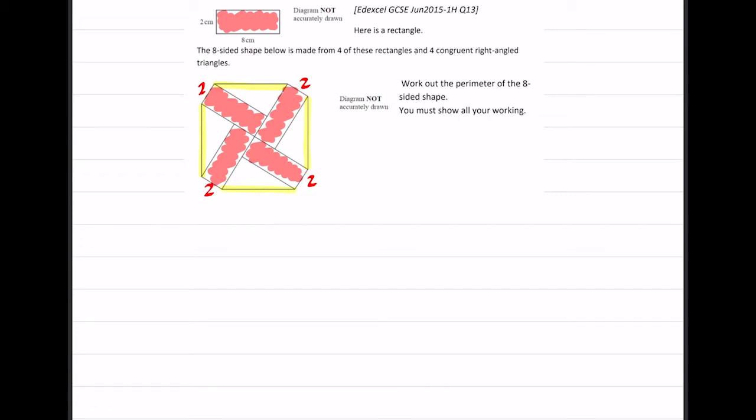Now the fact that they are congruent triangles means that I actually only have to determine one of them. So let's say I'm working with this one over here. If I want to work with this triangle, I need to know what the lengths of the sides are. It consists of a full length of this rectangle, which means that this is 8.